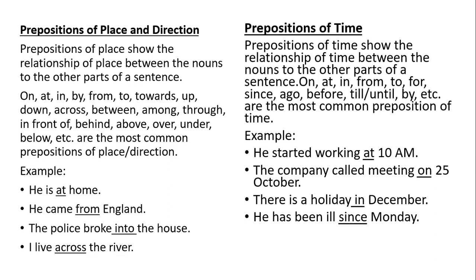Like, He is at home, এটা হলো preposition of place. আবার, The police broke into the house, another preposition of place. I live across the river, this is an example of preposition of direction.